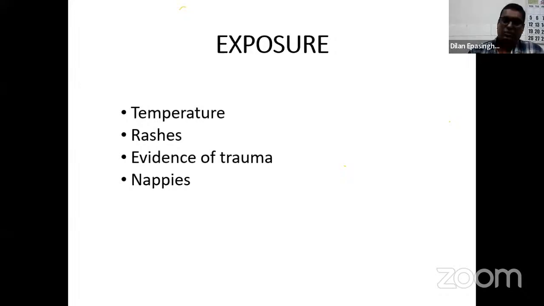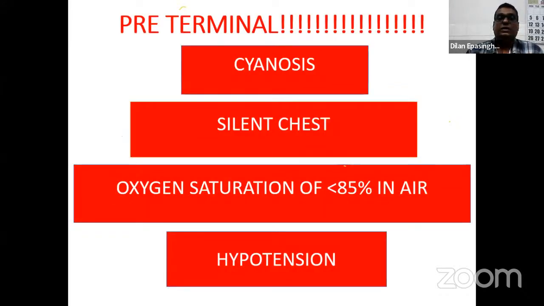It may be child abuse, non-accidental trauma, or a real trauma situation, abnormalities, deformities. Then you can check the nappies, whether wet or dry, or whether there is any bloody stool. This is called exposure.